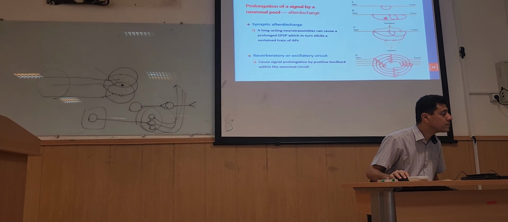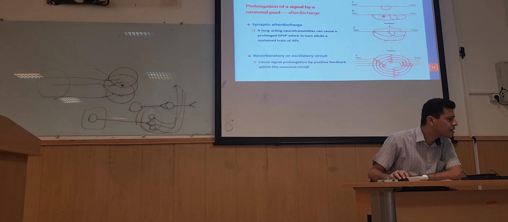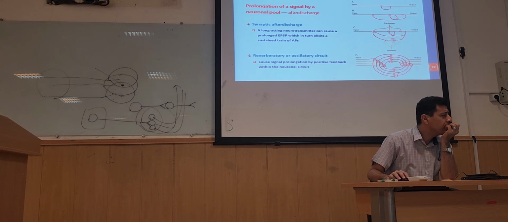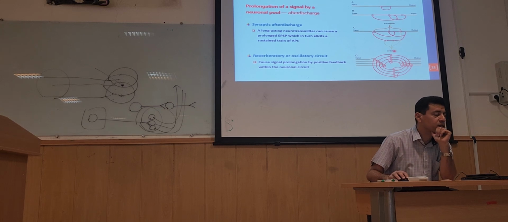Okay? So the same circuit is here, but you can see other incoming fibers. So we have input, output, interneurons, and facilitator neurons, inhibitory neurons. They are coming from different sources, right? So imagine that a facilitatory neuron activates these synapses.